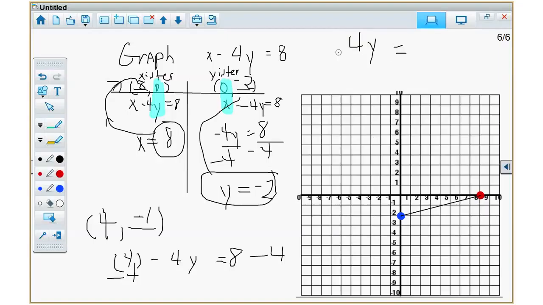Negative 4y is equal to what? What's 8 minus 4? 4. And then divide by negative 4. So y at this point is equal to negative 1. And we put -1 right there, and then we'll count it. 1, 2, 3, 4. And what do we hit? -1. So that means we know what we're doing.